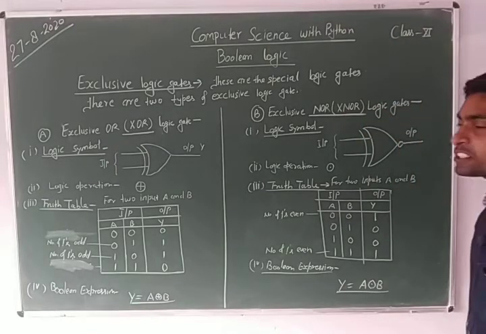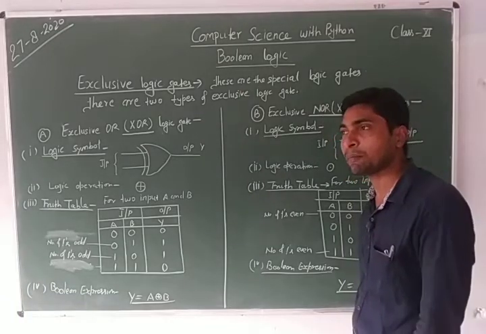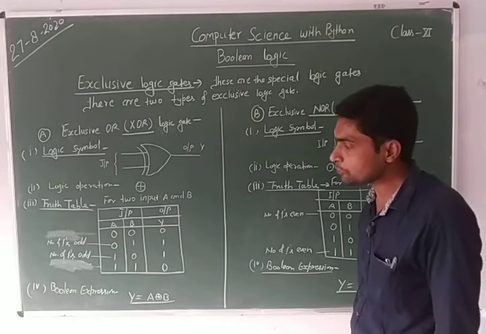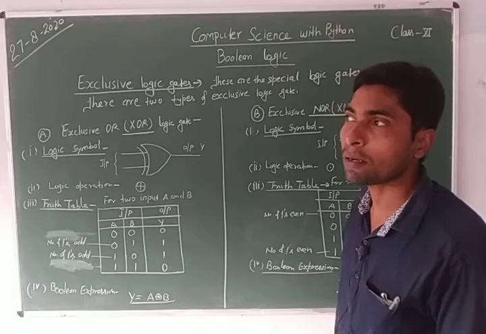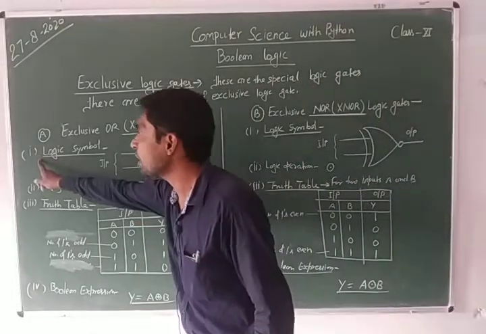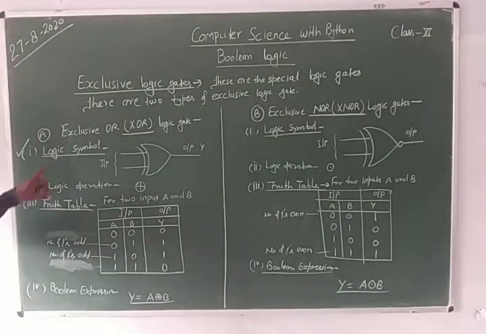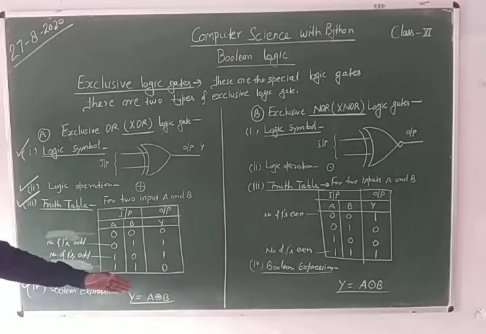To understand the overall behavior of these logic gates, I am going to divide it into 4 points. First point is the logic symbol. Second point is the logic operation. Third point is the truth table. And fourth point is the Boolean expression.